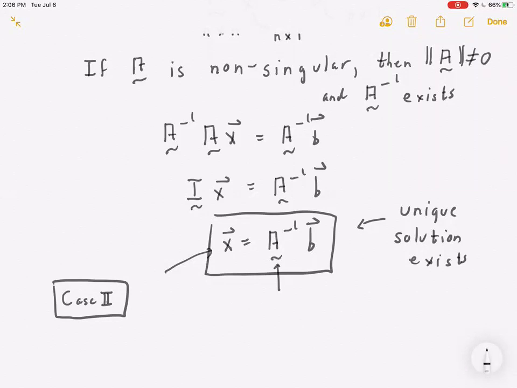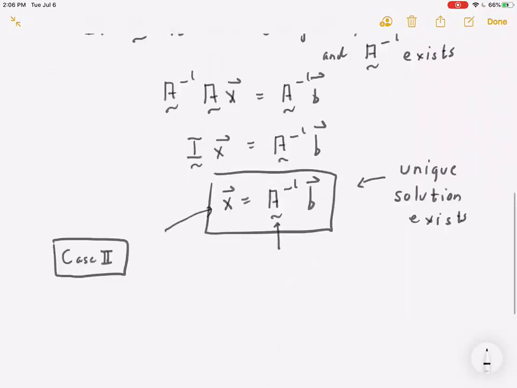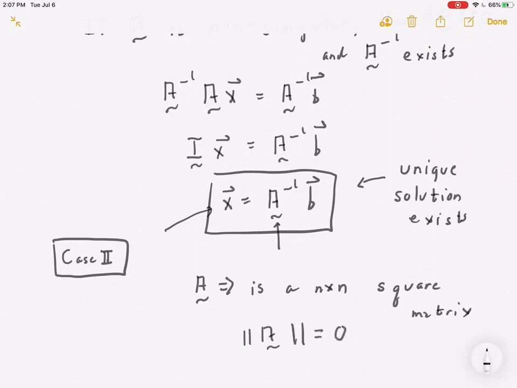Okay, so the next case involves a little wrinkle of case 1. Suppose matrix A is still a square matrix of order n. It has n rows and n columns. But in this case, let's assume that the matrix is singular.